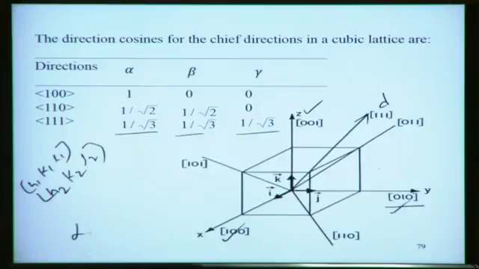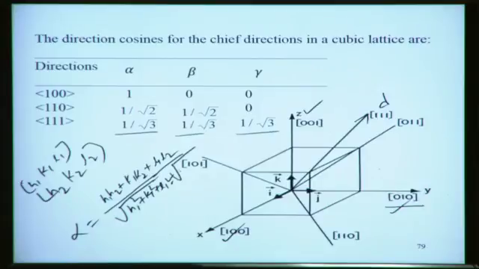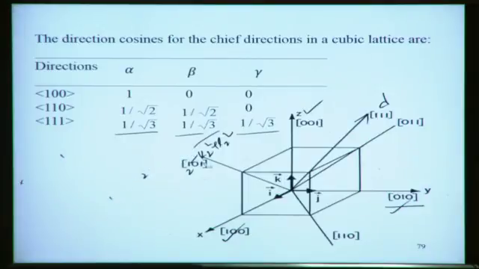So the direction cosine can be found like that: H1 H2 plus K1 K2 plus L1 L2, over the root of H1 square plus K1 square plus L1 square into H2 square plus K2 square plus L2 square. From here we can find the direction cosines between the two directions.